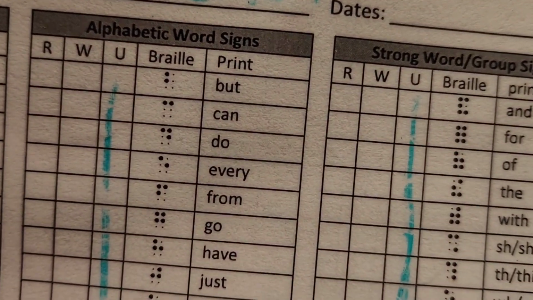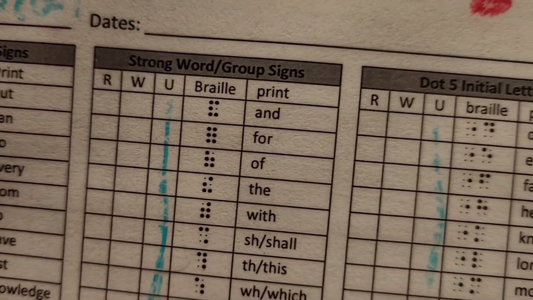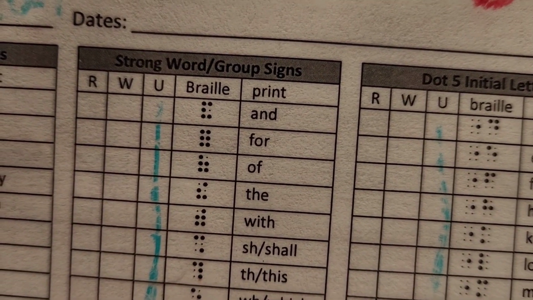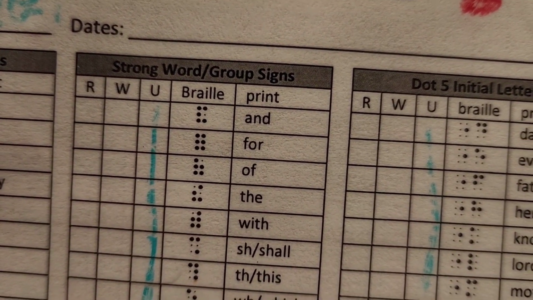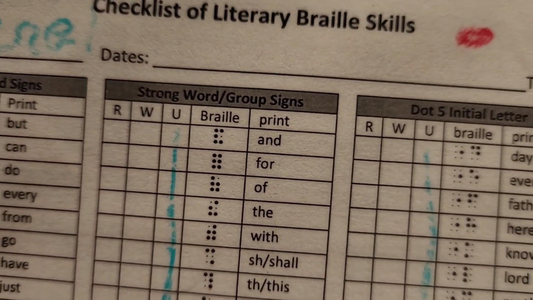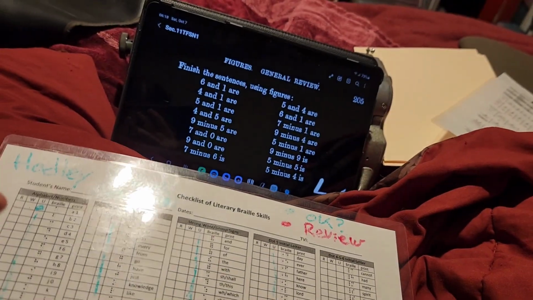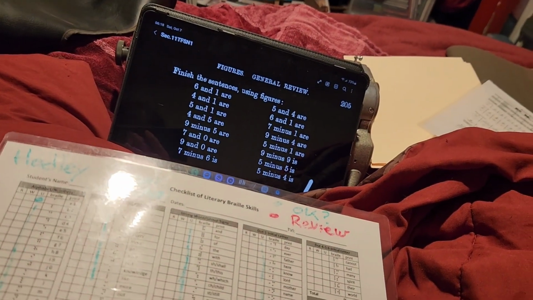Let's see, where did it go? "And" looks like 1, 2, 3, 4, 6 in Braille. There's no rhyme or reason. You just have to memorize that this combination of dots means the word "and". So that's what we're going through.